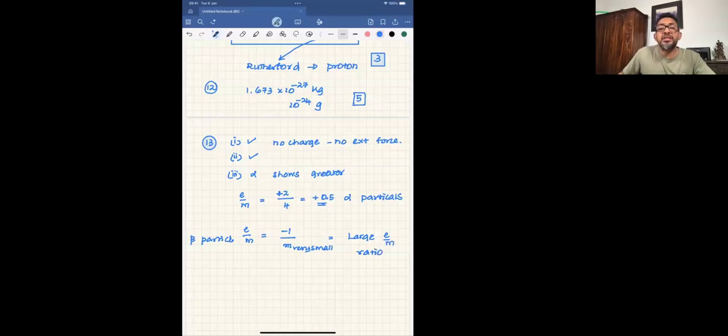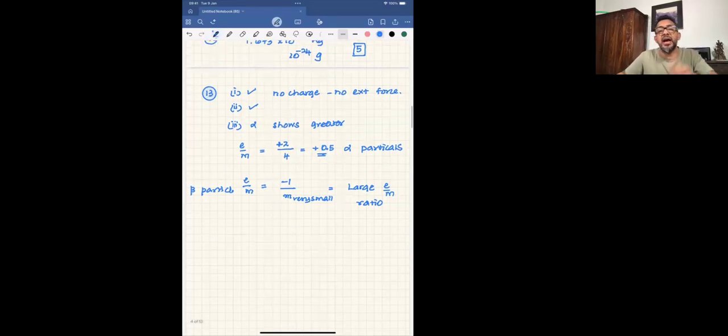So who can be accelerated easily, the beta particle or the alpha particle? Yes, you can see the beta particle can be accelerated very easily, because its E divided by M ratio is very high.